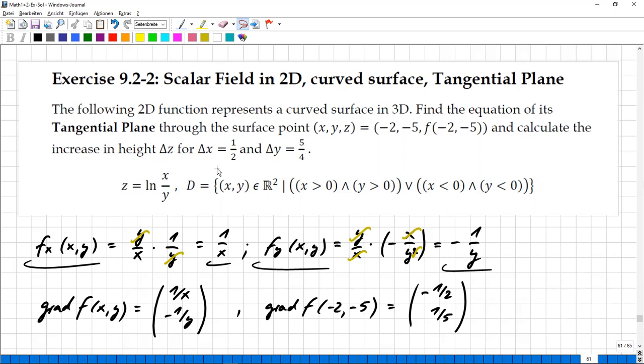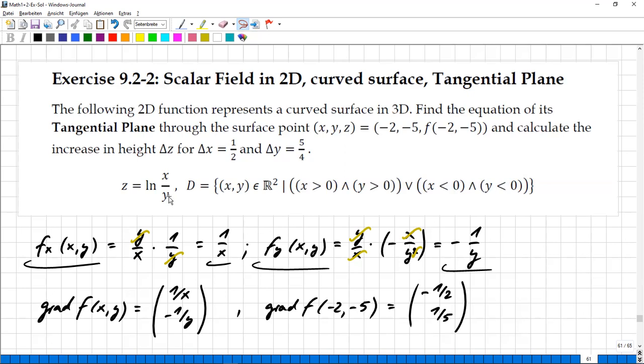I took the effort and gave you the two-dimensional domain very explicitly here, because I found out it's rather special. In this case, z as a function of x and y equals ln of x over y. Why is it so special? Well, first of all, we have the usual problem of division by 0, which we can't do.